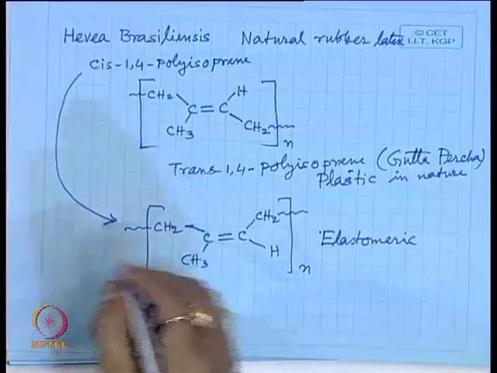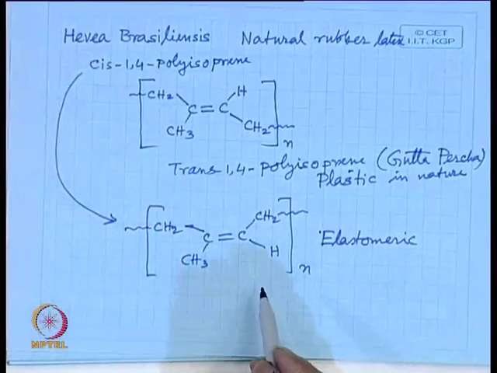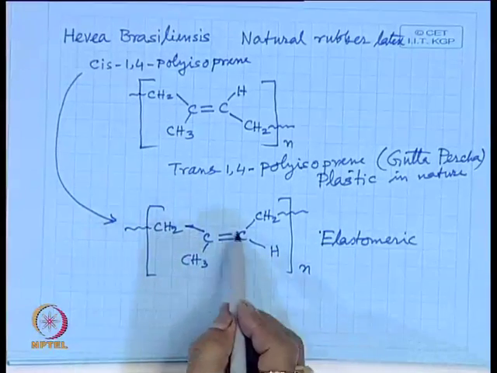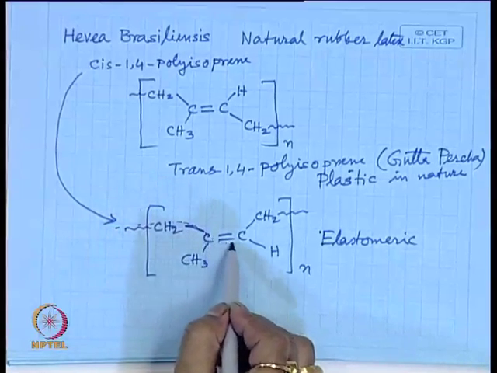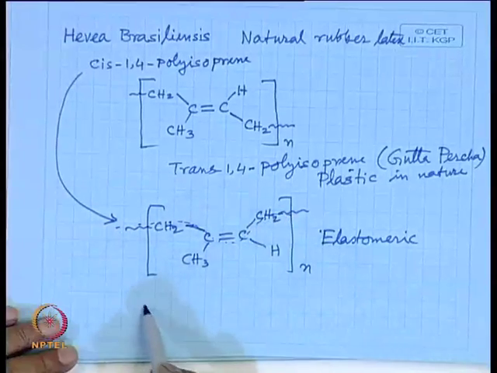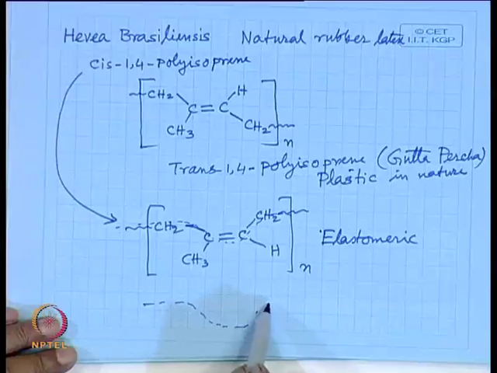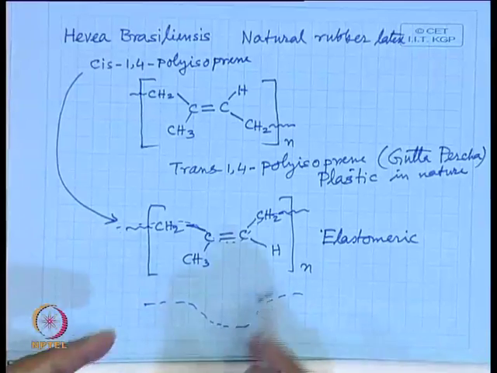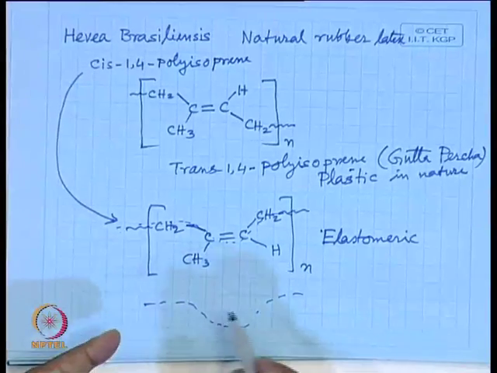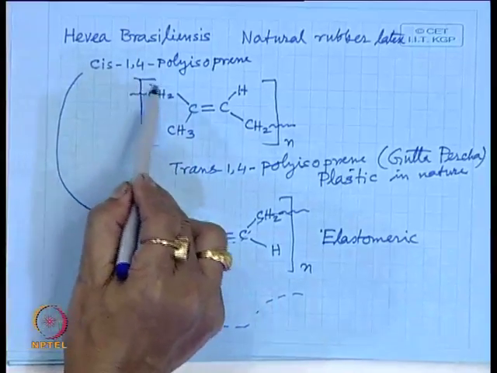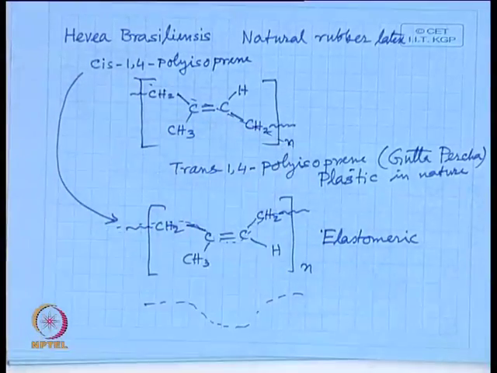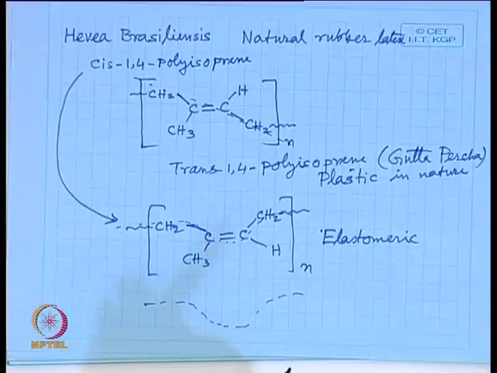That is because of this cis trans configuration. How? You see, this is cis configuration. If you look into this molecule, you will find it looks like this. That means this segment or unit gives a bent configuration, whereas in this trans one there is a linear configuration.